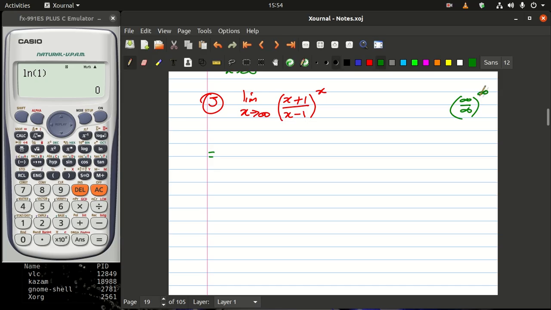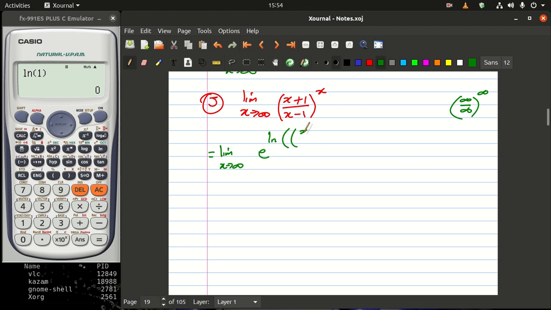So what I need to do is bring down this infinity and see what I'm actually going to get. So we say this is going to be the same as the limit as x approaches infinity of e raised to, not just e. If I'm introducing e, there was no e there, so I need to cancel it out with natural log.